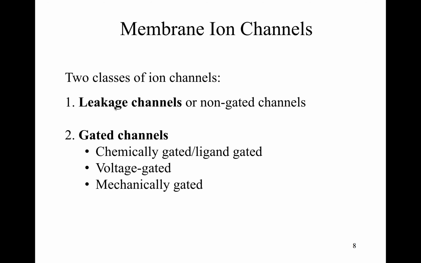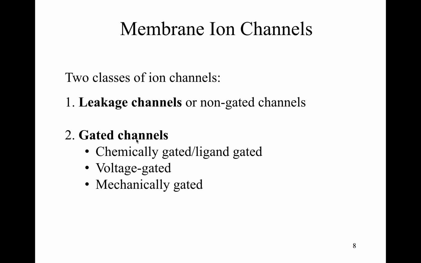Ion channels could be considered leakage channels, or non-gated channels, or gated channels. A leakage channel is always open. In a leakage channel, ions are always free to move through that channel down their concentration gradients. Ion channels could also be gated. They could be chemically gated, voltage gated, or mechanically gated.